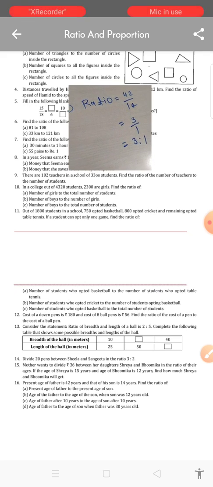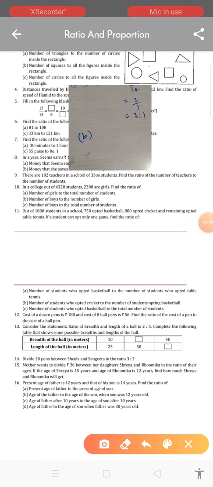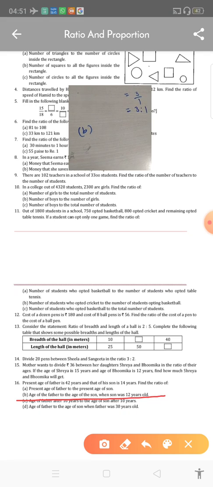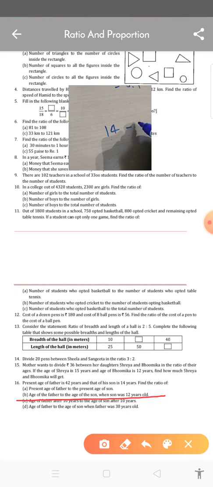And the next part is given here, B part. The age of father to the age of son when son was 12 years old. The present age of son is 14 years. So when son was 12 years old means if you subtract 2 years from the present age of son, we obtain 12 years.